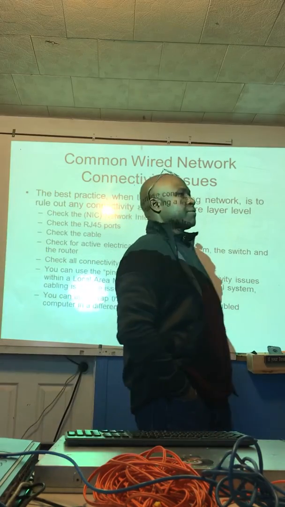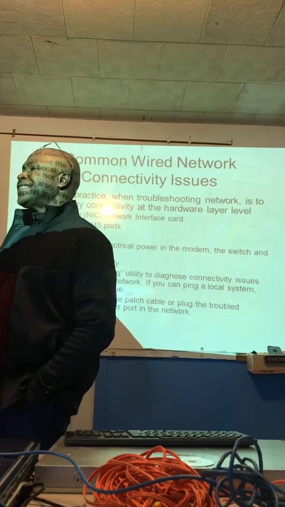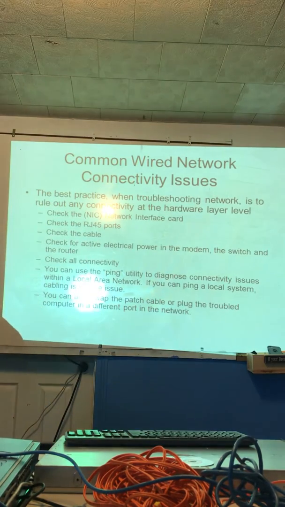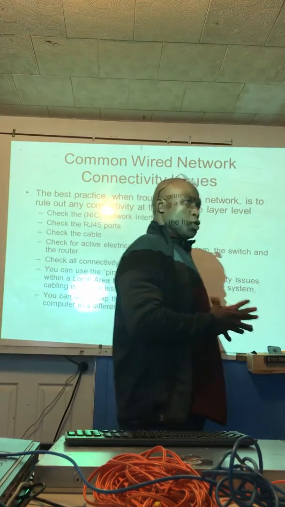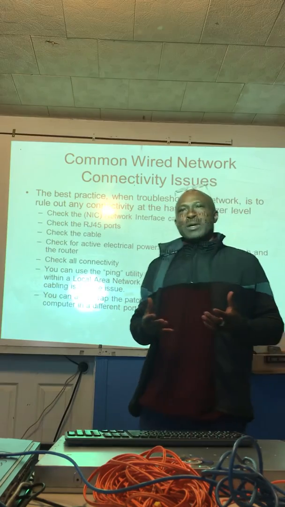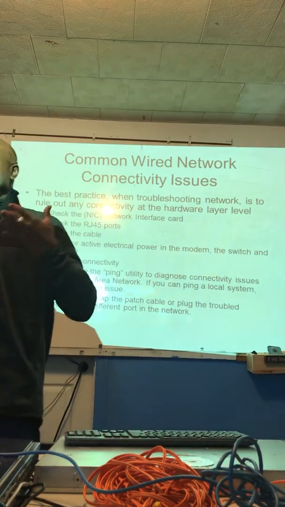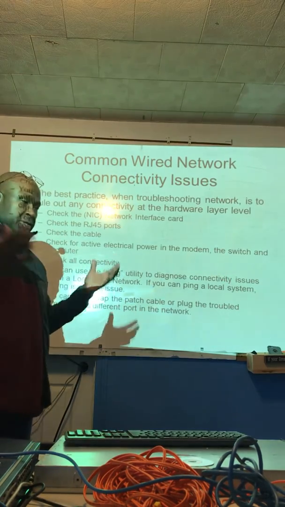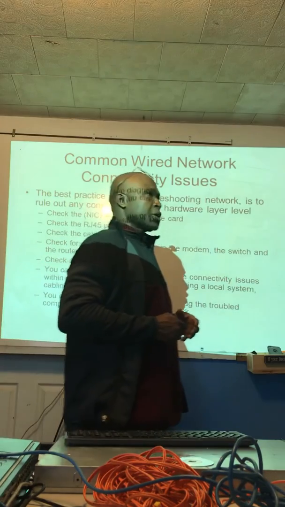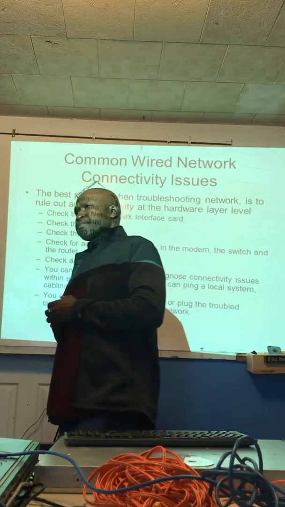Now, when you are troubleshooting connectivity, it is very important to understand most of the connectivity problems will come from the physical part of the network. The network has the virtual part controlled by the software and the protocol, but the network also has the physical part, such as the port, the RJ45 port, where you connect the cable.